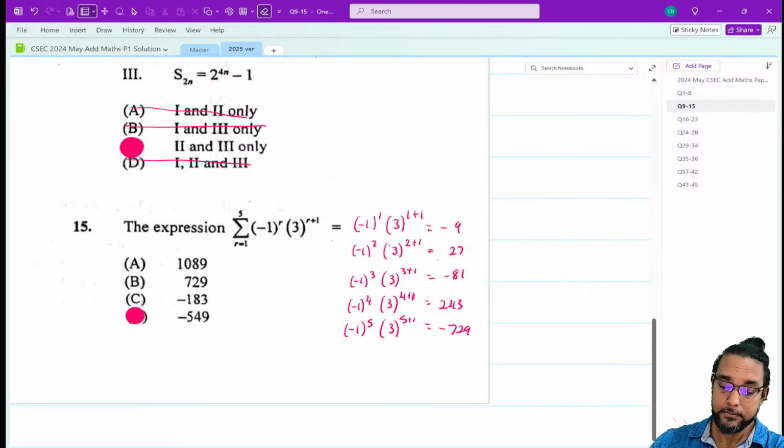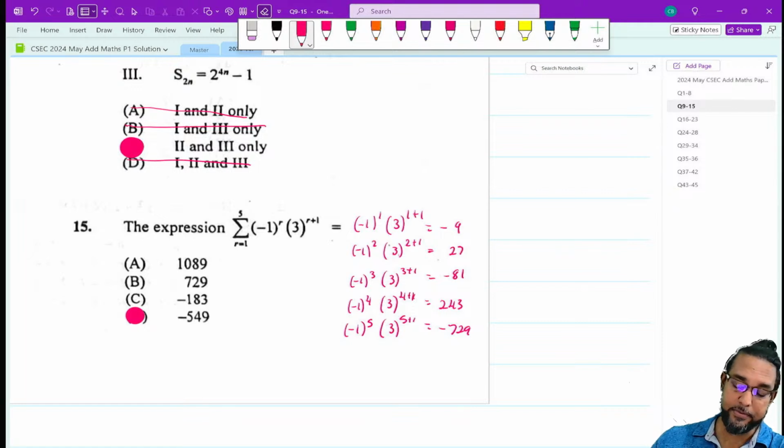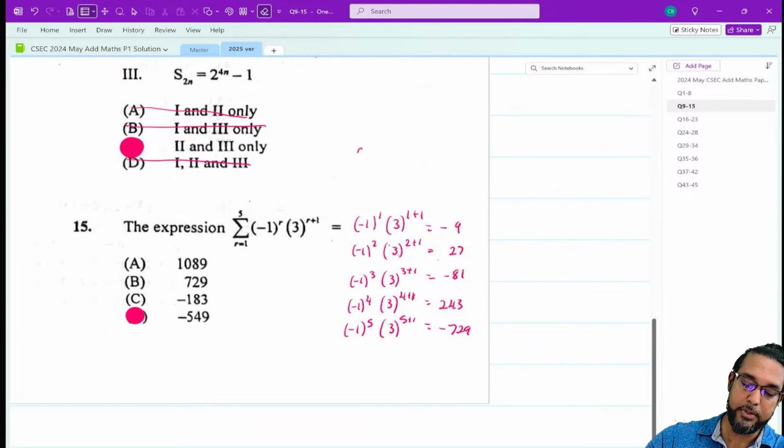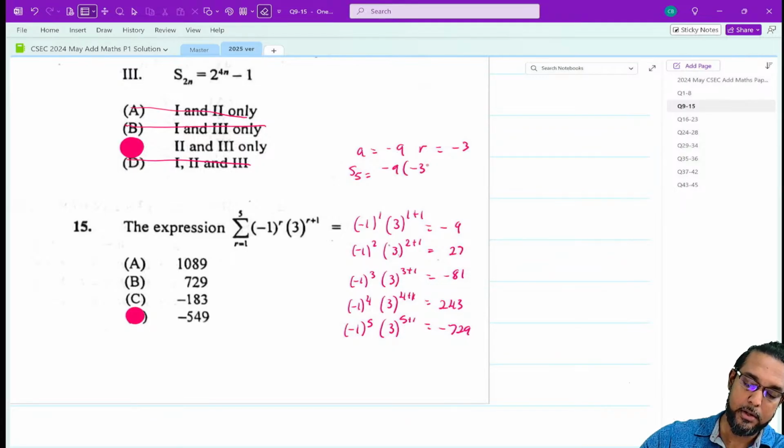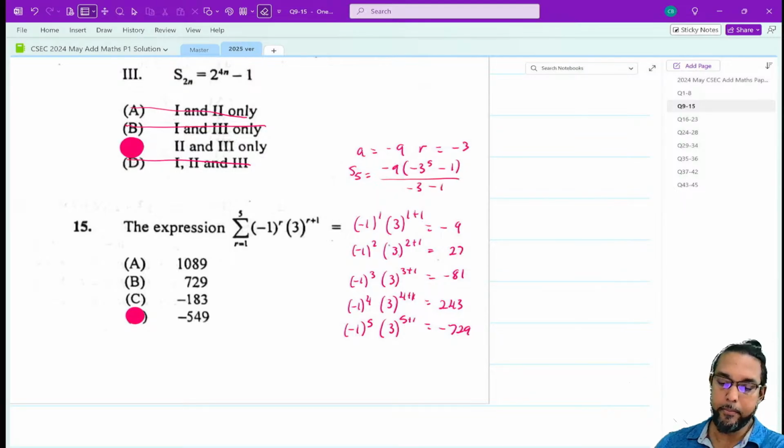And again, after you get the third term, you can deduce that this is a GP where the first term is -9 and the common ratio is -3, and you could use your formula, right? The sum of the first 5 terms would be a by r to the n minus 1 over r minus 1.